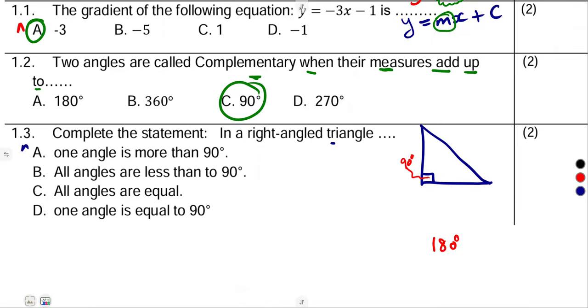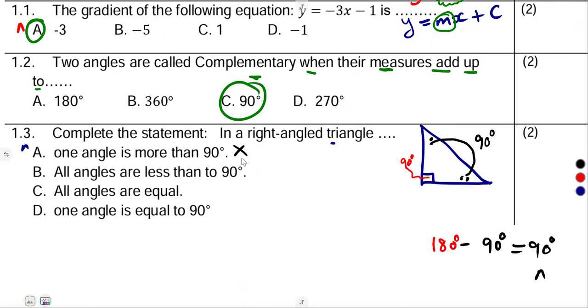So if this angle is 90 degrees, from 180 degrees, we are going to have 90 degrees, meaning these 2 angles that are remaining, they add up to 90 degrees. If you add this angle to this one, you must have the remaining 90 degrees. So we cannot have anything bigger than 90 degrees.